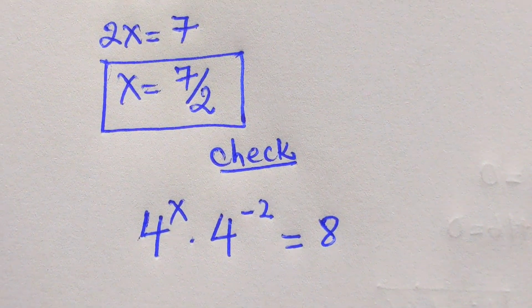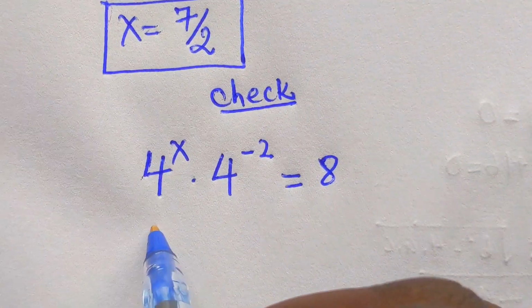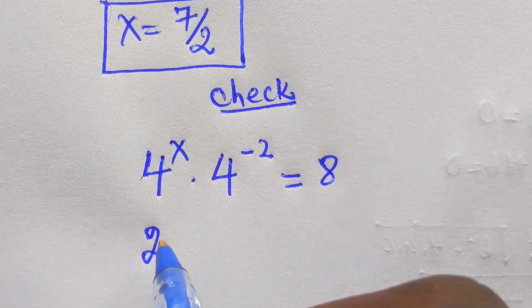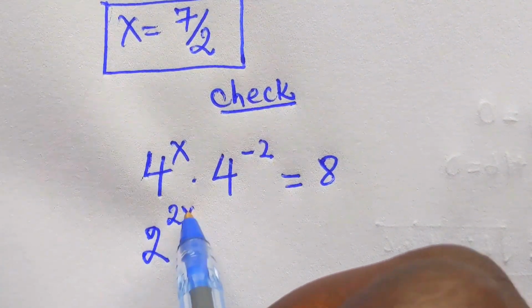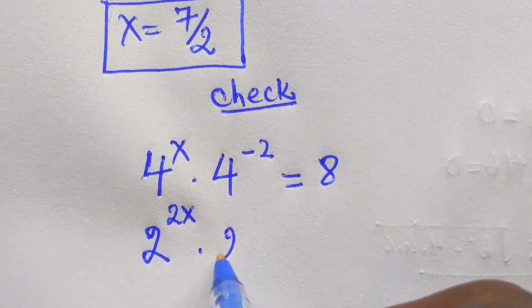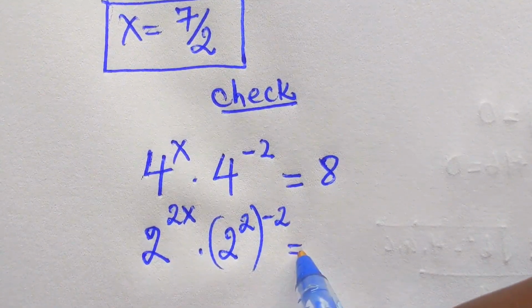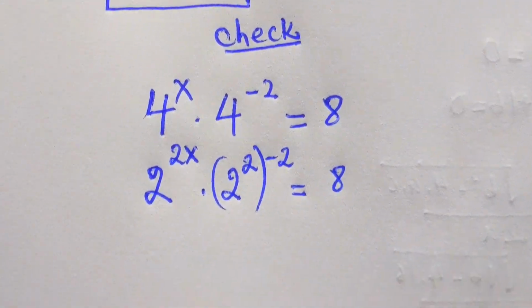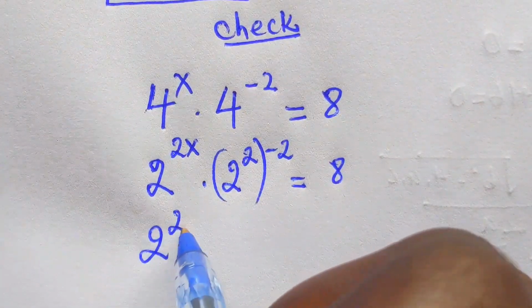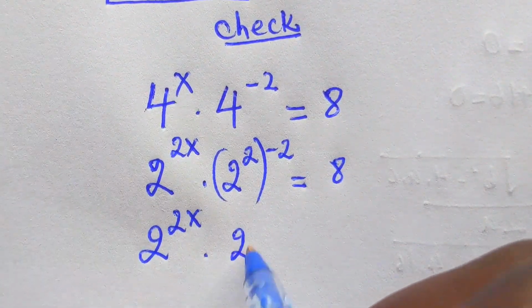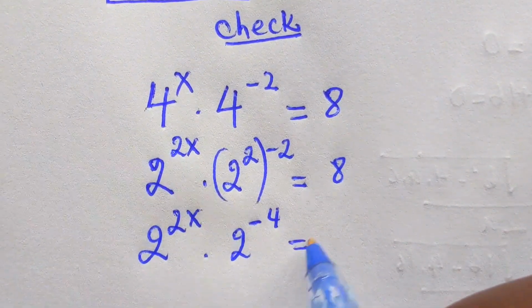By changing them into base 2, we have 2^(2x) times 2^(2 times negative 2), which is equal to 8. And this is 2^(2x) times 2^(-4) equals 8.